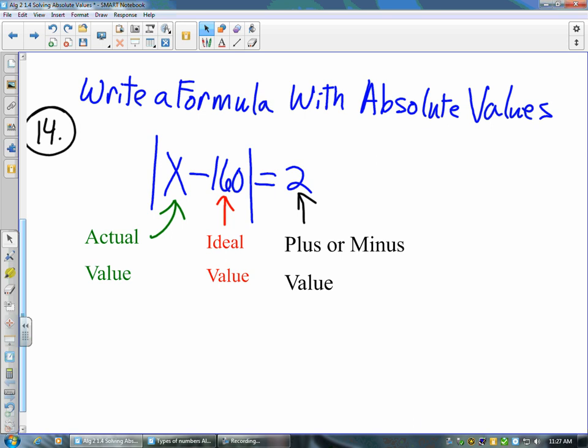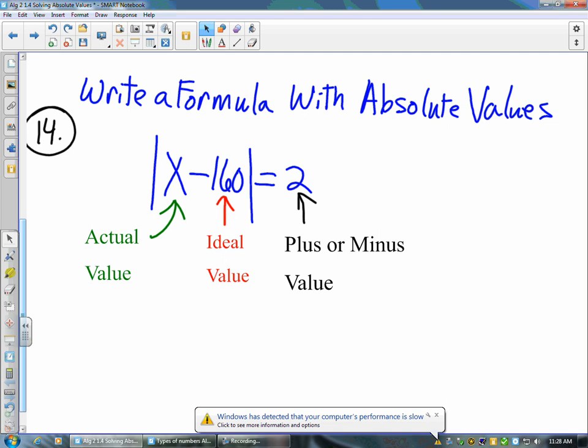The element turns off. It cools down to a little bit under 160 degrees and then turns back on and repeats that cycle. So if you were asked to write an equation to say what the actual value of the oven is, and what the lowest and highest values could be, you're going to write it in a formula like this.